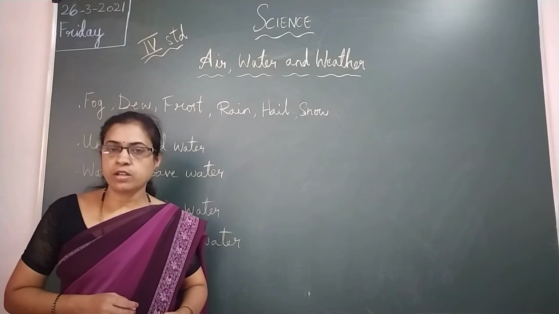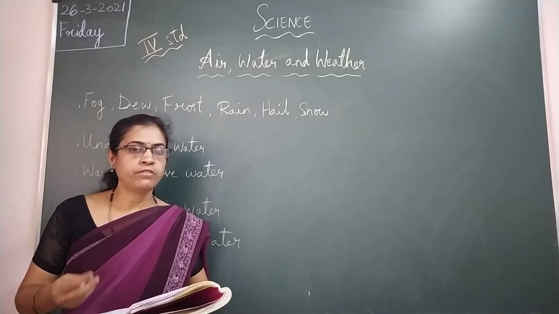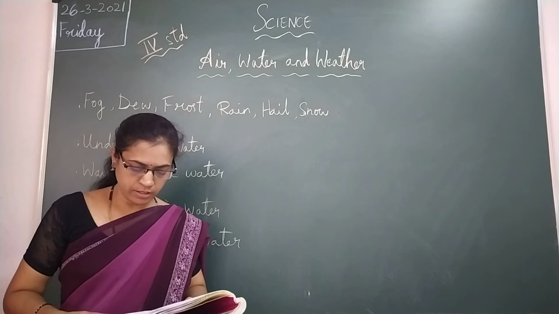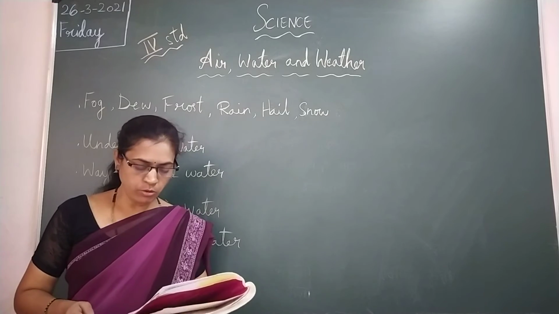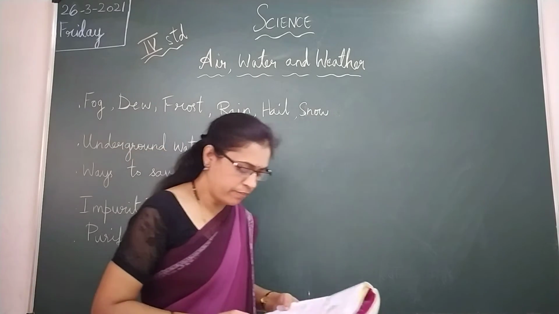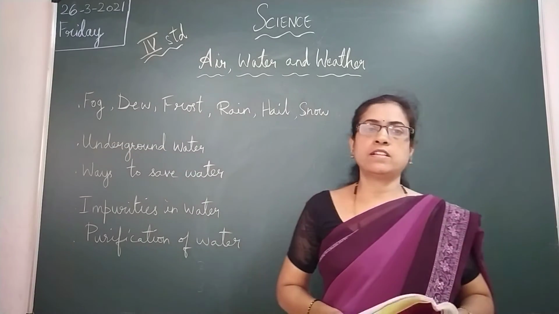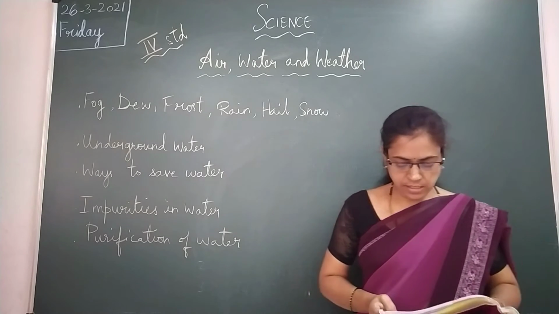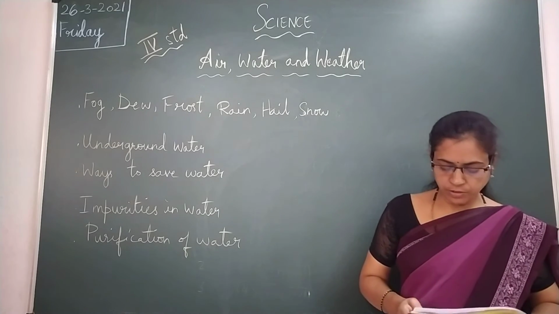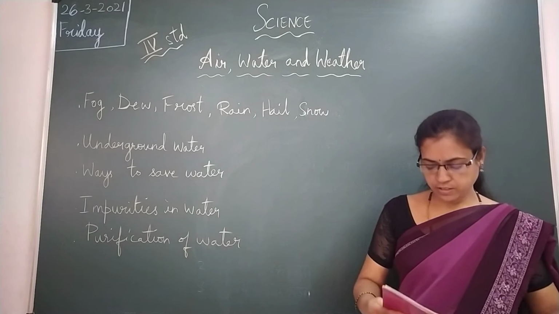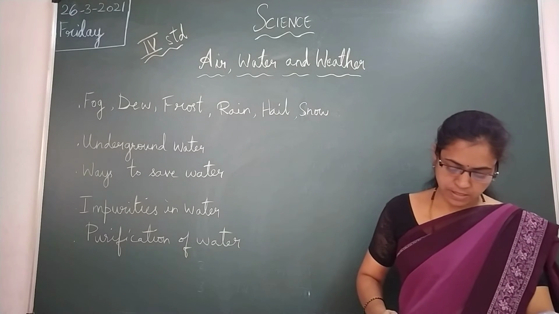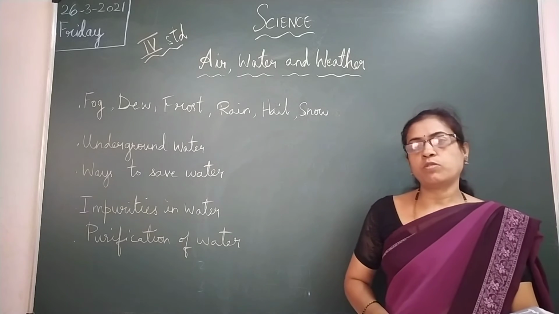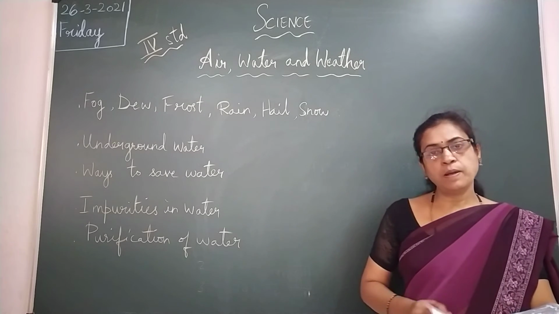We should save water in whatever way we can. We should not waste water. So these are a few points that I have given: ways to save water. Tap should not be left running when brushing. You have to just take care of that. And the second point is to take a bath using a bucket and a mug. Water used in the kitchen for washing fruits and vegetables can be reused for watering the plants.